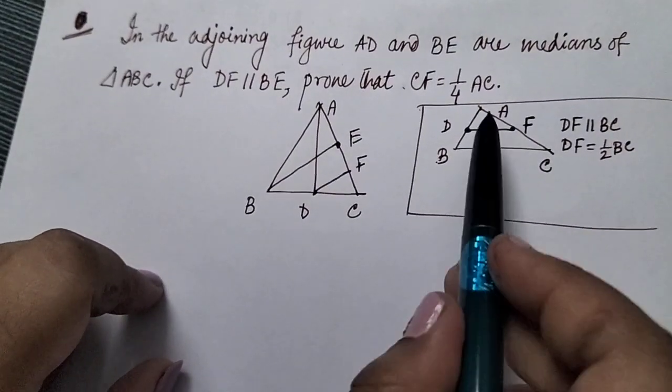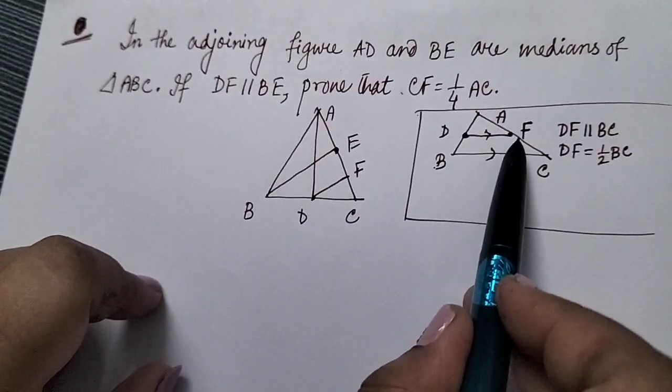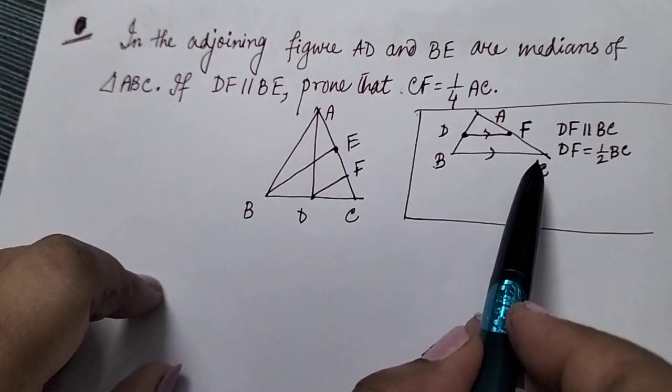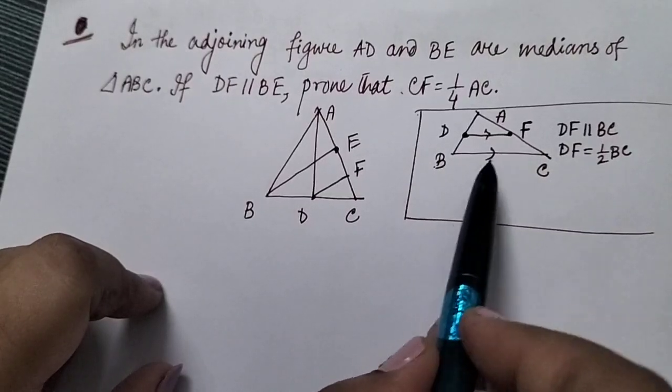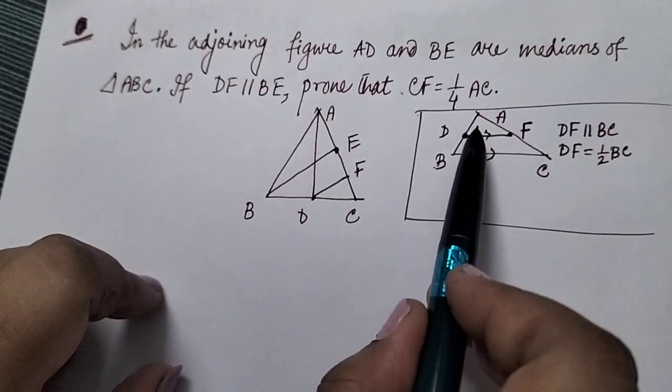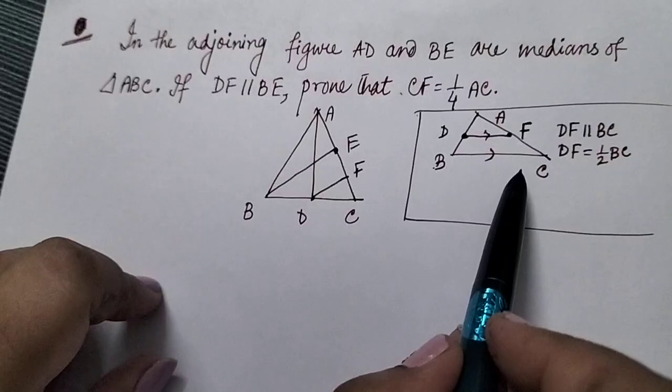So here we get, in triangle ABC, if D and F are the midpoints of AB and AC respectively, then DF will be parallel to BC and DF will be half of BC.